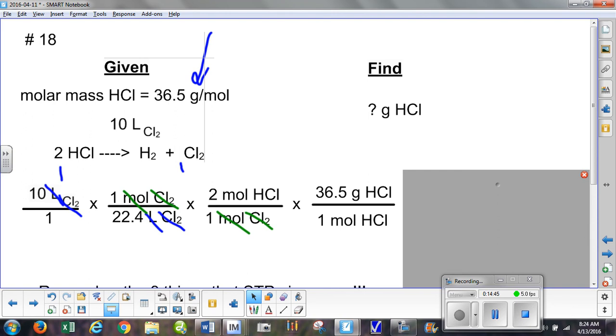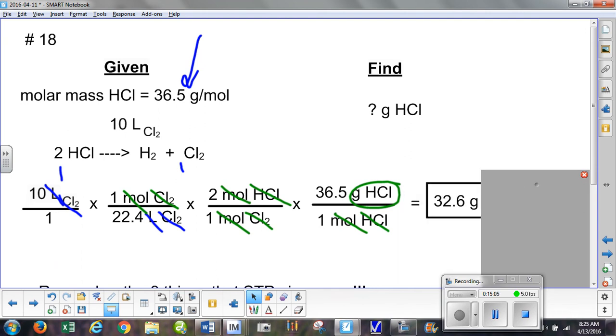That was given in the problem. All right? And now, I'm crossing out moles and hydrochloric acid, and now my only thing left as a unit of measure is grams of hydrogen chloride or hydrochloric acid, however you want to state it.